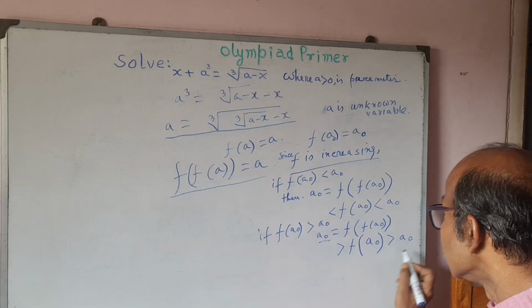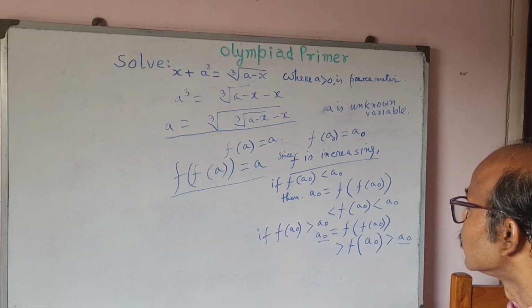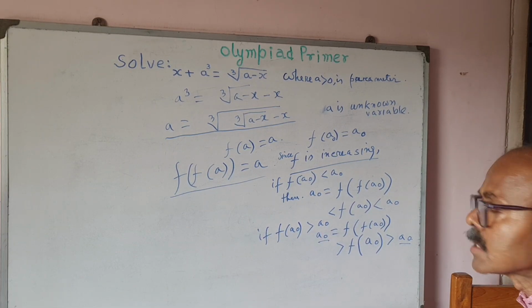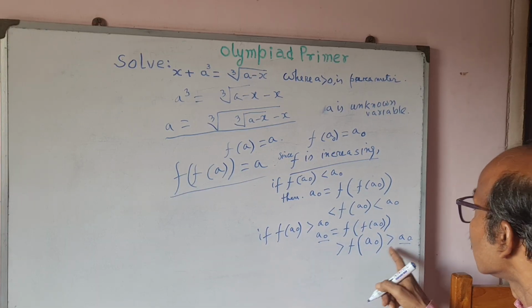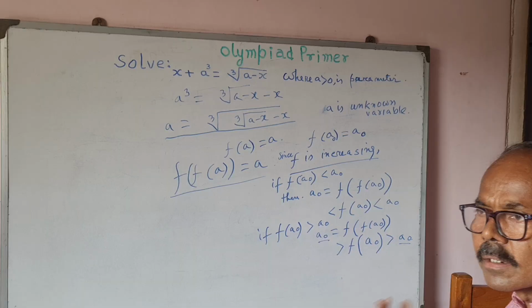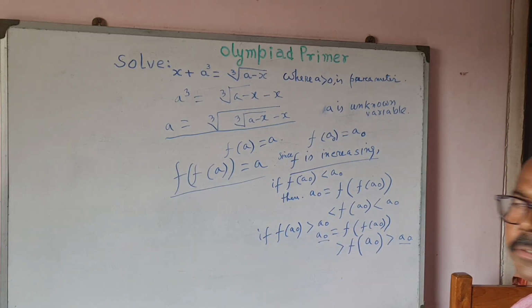Now we see that a0 is greater than a0. So in both cases, a0 less than a0 or a0 greater than a0, both are contradictory.